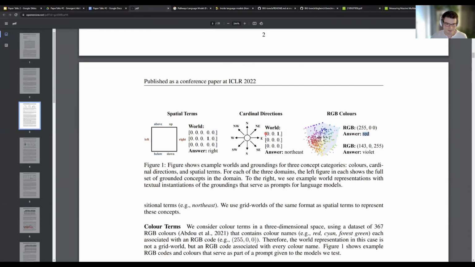And here we are giving some matrix, and with the instruction that is the cardinal directions task, the model should answer northeast. So this is also really interesting, because models need a lot of understanding of these concepts to perform it well.